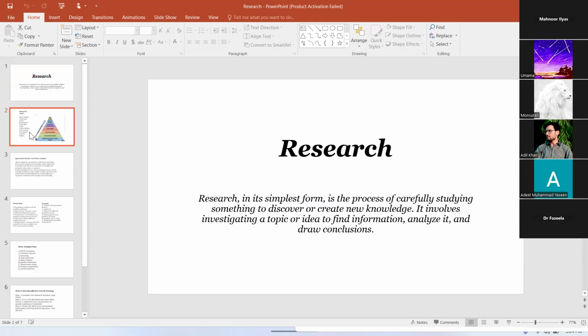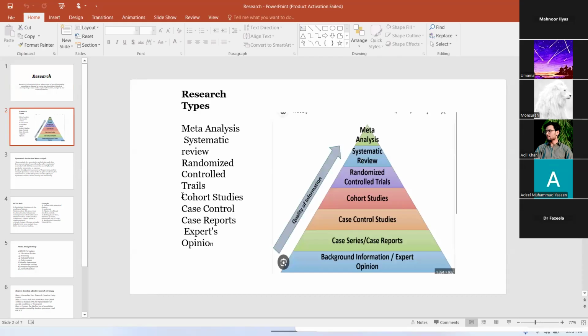In simple form, this is what we call research, right? Now there are different types of research. First, I'll cover some of the basic concepts through these PPTs, and then we'll move on towards the practical work, okay? There are a lot of different ways to classify research.